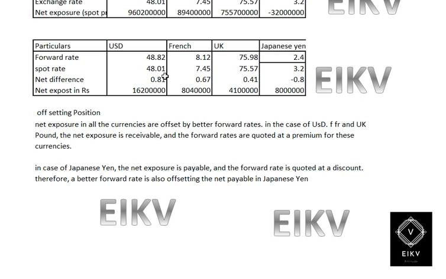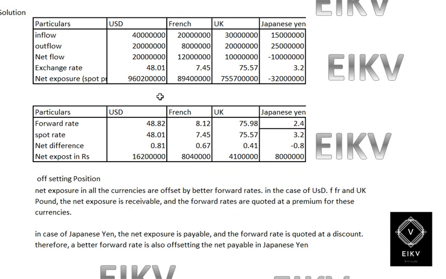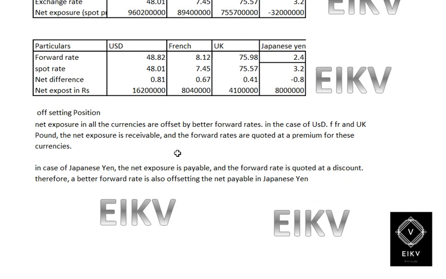When we take the difference, we will get a negative amount on Japanese yen. After that, we need to compute the net exposure in rupees, which means we multiply the net difference of the spot and forward with the net inflow. So we'll get the figures.